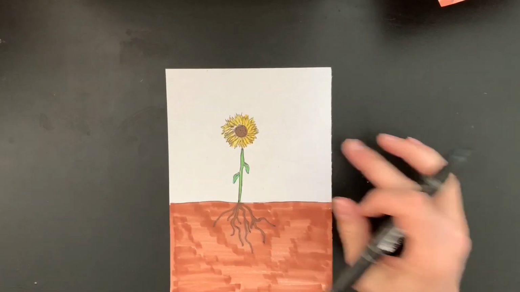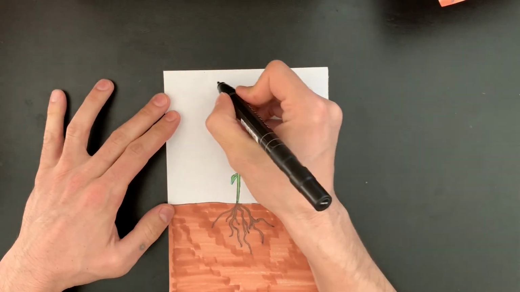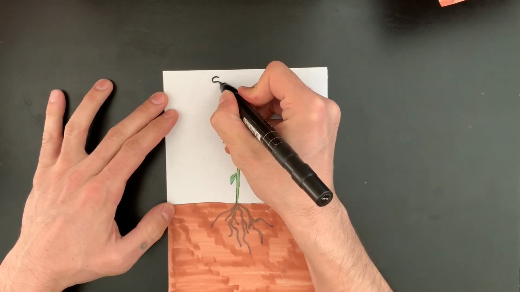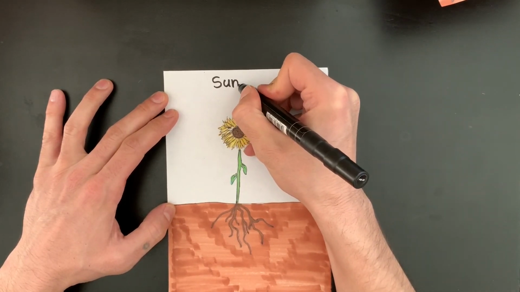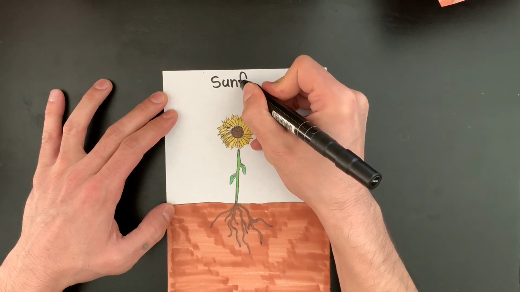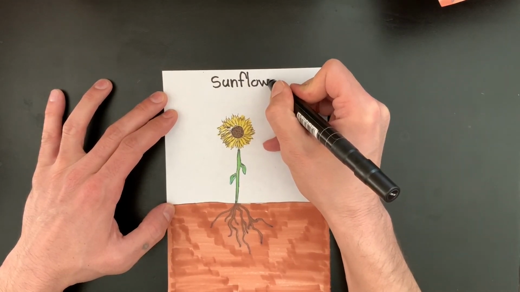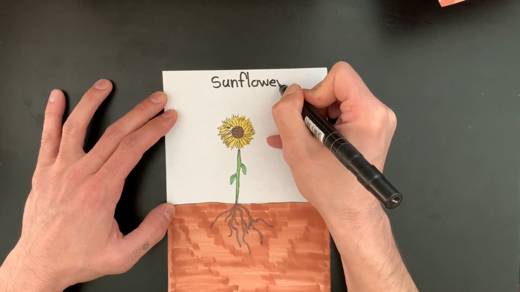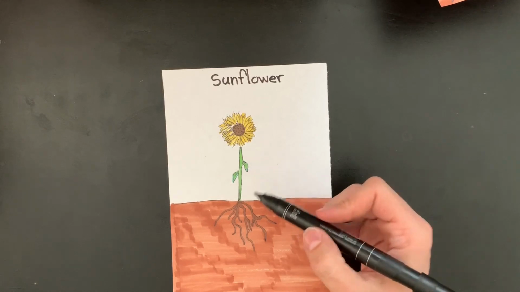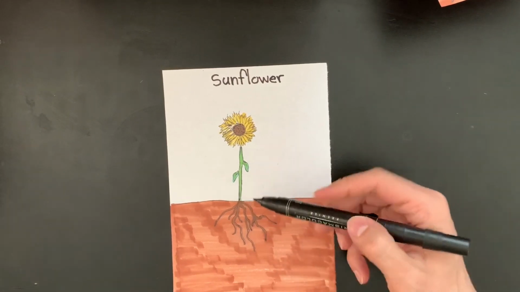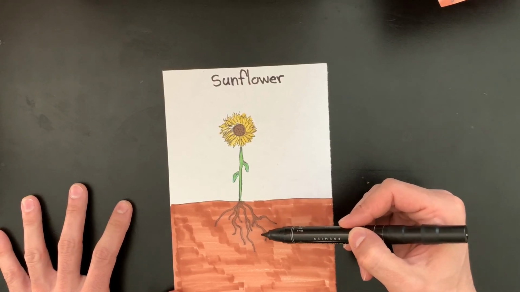All right, so I drew one of my favorite flowers, which is the sunflower. So I'll write that here. All right, so the sunflower, just like any other flower, when you're at the stem down here, the roots go down into the soil.